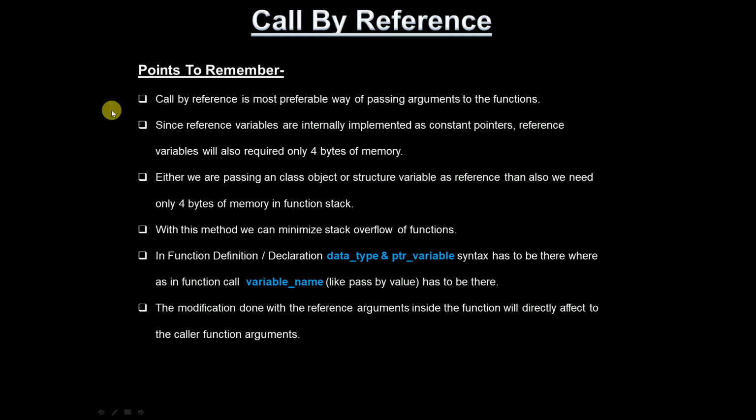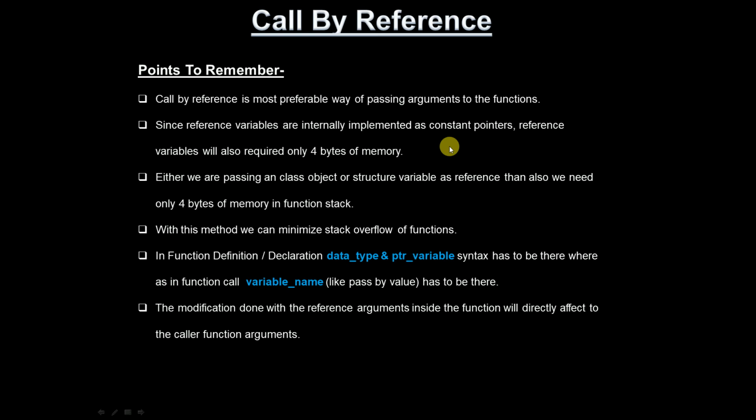Now, since reference variables are internally implemented as constant pointers, reference variables will also require only 4 bytes of memory. I have told that. If you go with pass by value, say for example, if you have an object of 100 bytes size, then 100 bytes of memory has to be allocated once again in the swap function.